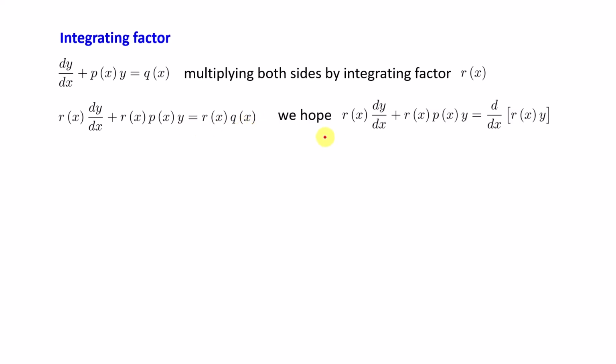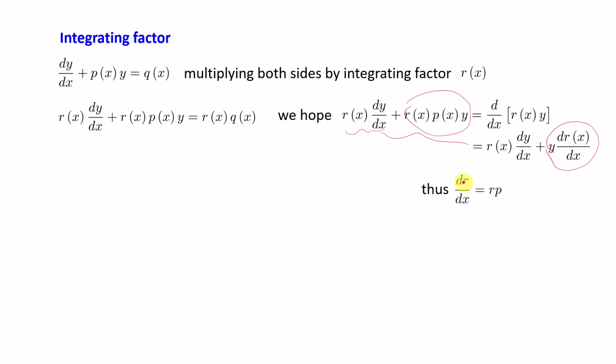Now we expect that this left hand side, r dy/dx + r p y, will be equal to d/dx of r y, because if so, the first term is satisfied; we can see that the first term will be r dy/dx. So if I differentiate d/dx of r y, I get r dy/dx plus y dr/dx. R dy/dx is already there, so therefore y dr/dx and r p should match.